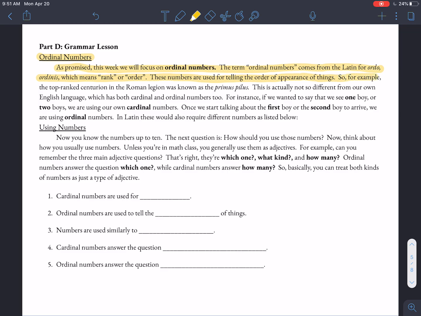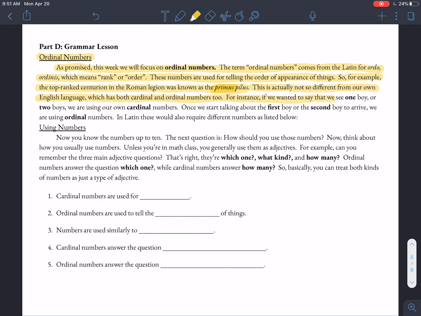So for example, the top-ranked centurion in the Roman legion was known as the primus pilus. It pretty much translates to the first, primus, comes first. This is actually not so different from our own English language, which has both cardinal and ordinal numbers too.